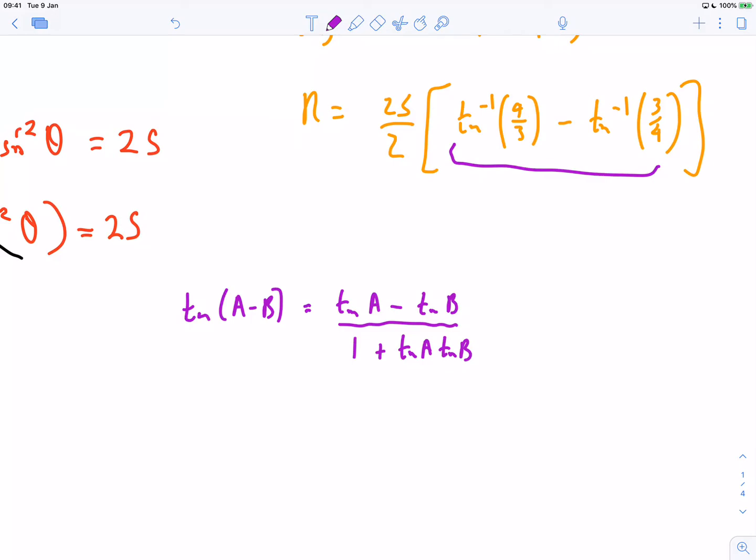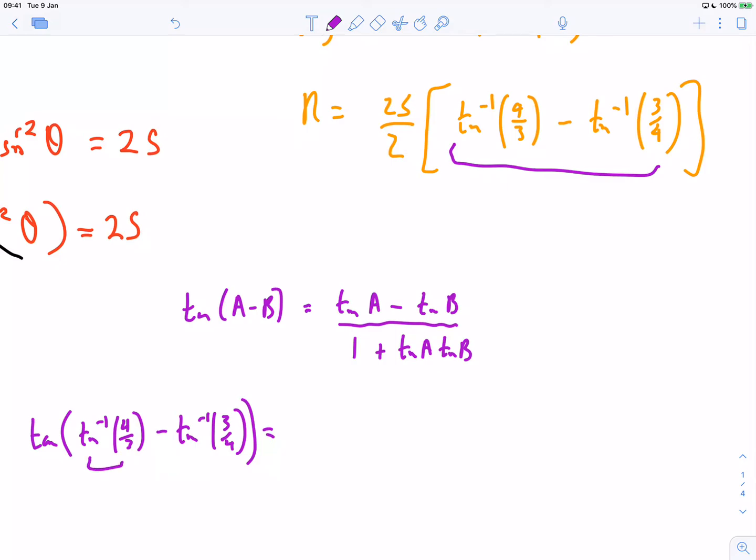So what I'm going to do is take the tangent of the inverse tan of 4/3 minus the inverse tangent of 3/4. And then once I figure out what that is, I'll just inverse tan both sides.